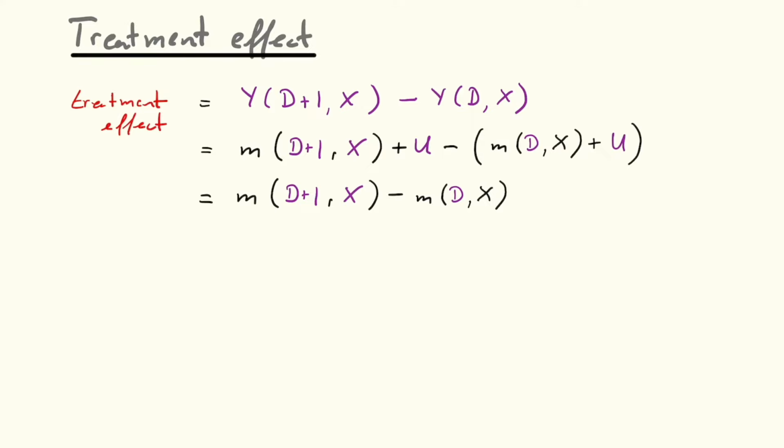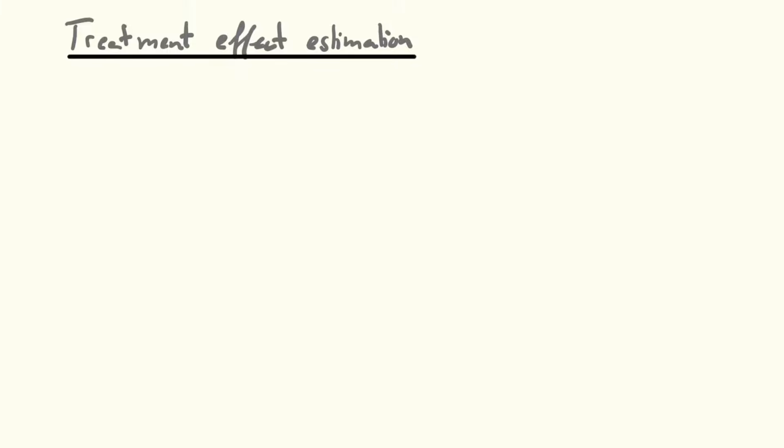Now let's move on to treatment effect estimation. Let's start by considering what y bar is under our model assumptions. Y bar is the average over all the blue classrooms.